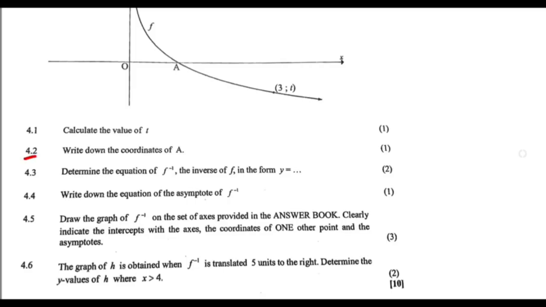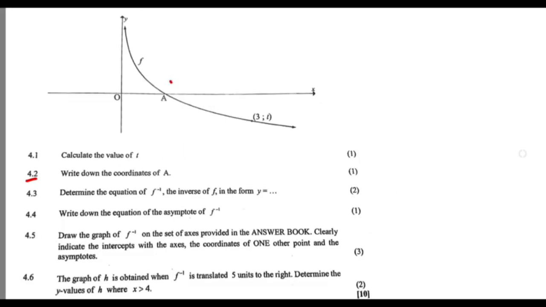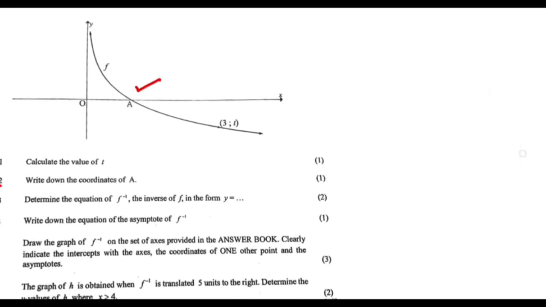Now 4.2 says, write down the coordinates of A. We're looking at the x-intercept. A is the x-intercept, so set the function equal to 0 and solve for x. The function is f of x equals log of x to the base 1 over 3, set equal to 0.